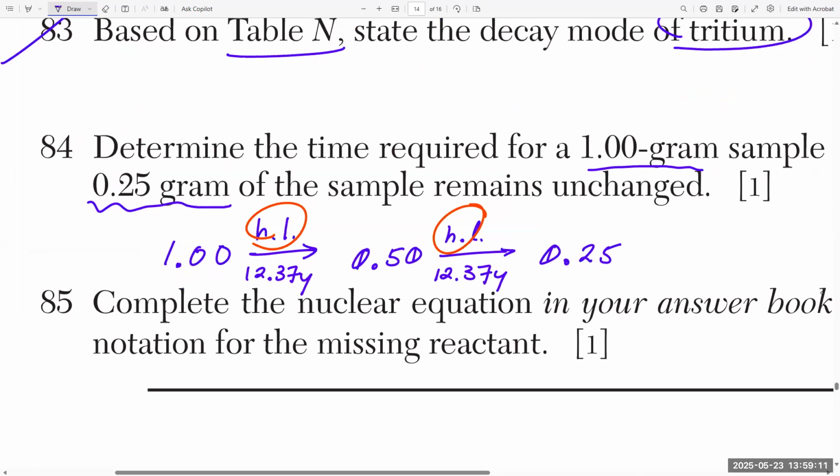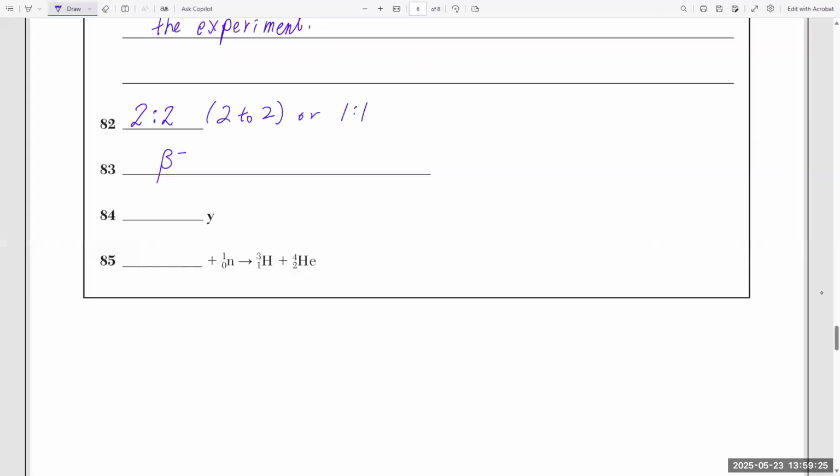So what's the math? It's 2 times 12.37. That's literally what it is. And if you do that, what's your answer? It's going to be 24.74, I think. I don't know if my mental math is correct.